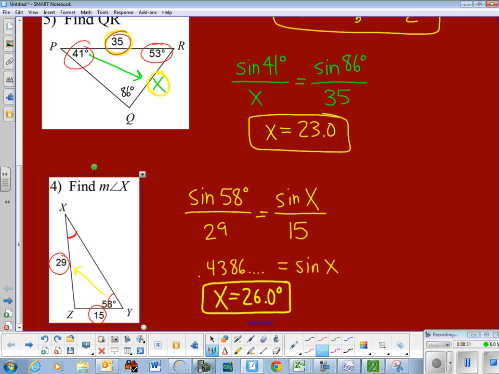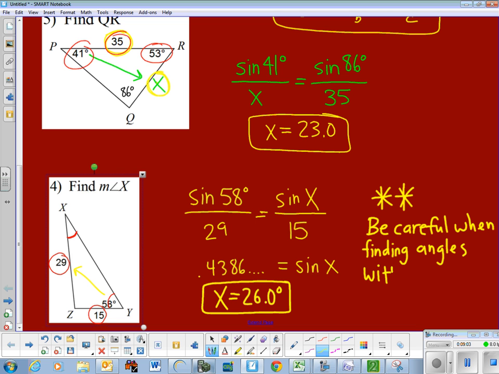All right, now that's law of sines to find a side, law of sines to find an angle. There's going to be a future video where this will be detailed, but I need you to write down right now with 2 stars: be careful when finding angles with the law of sines.